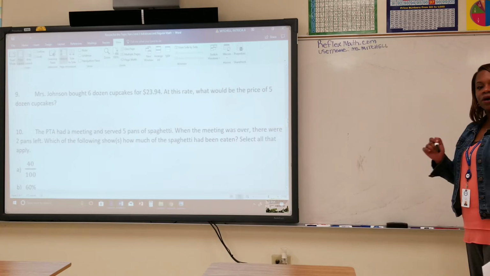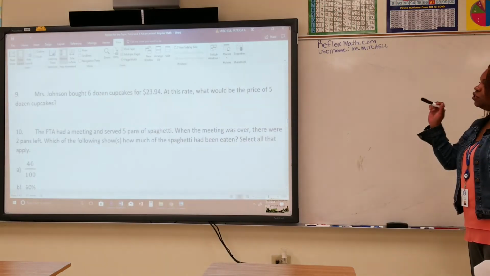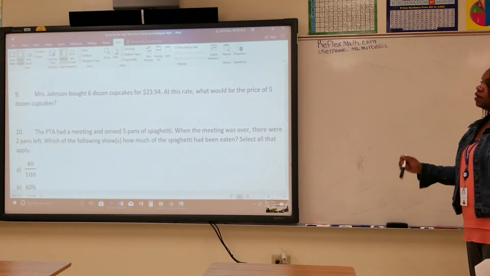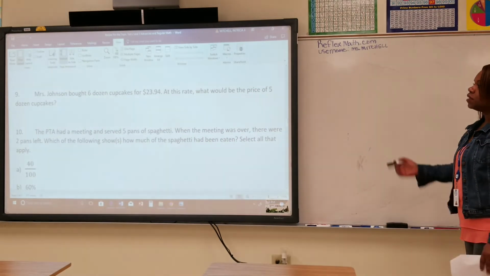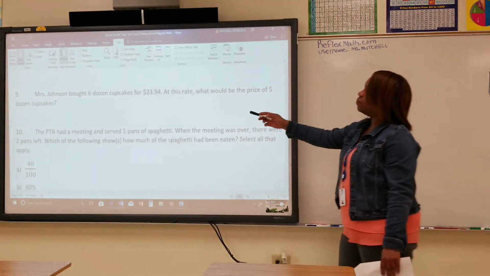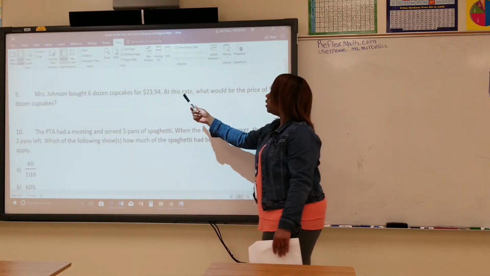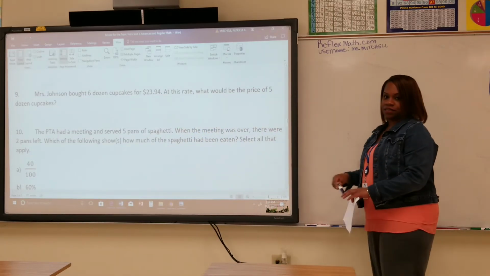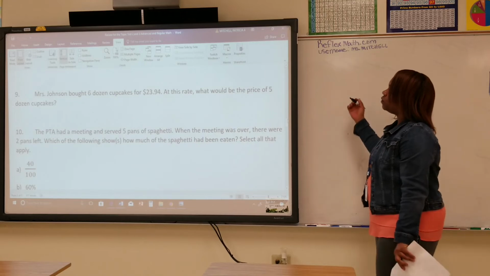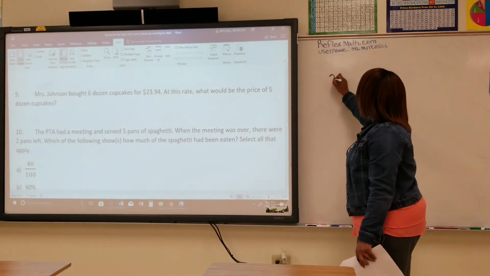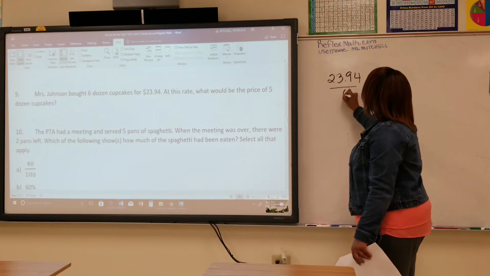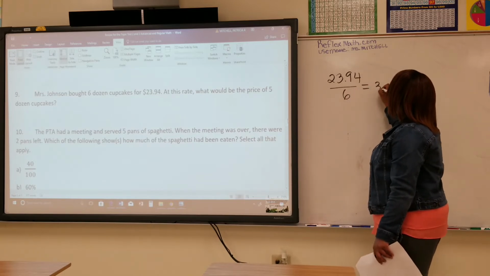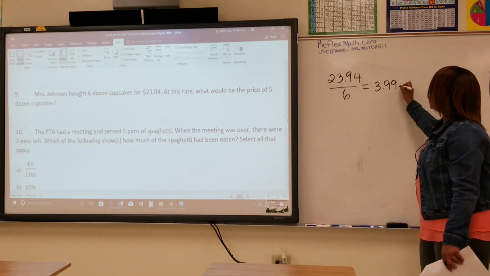So the first thing that we need to do is find the unit rate of the cupcakes. So, if we can find out how much 1 dozen costs, then we can find out how much 5 dozen costs. So, when we divide $23.94 divided by 6, we get $3.99.